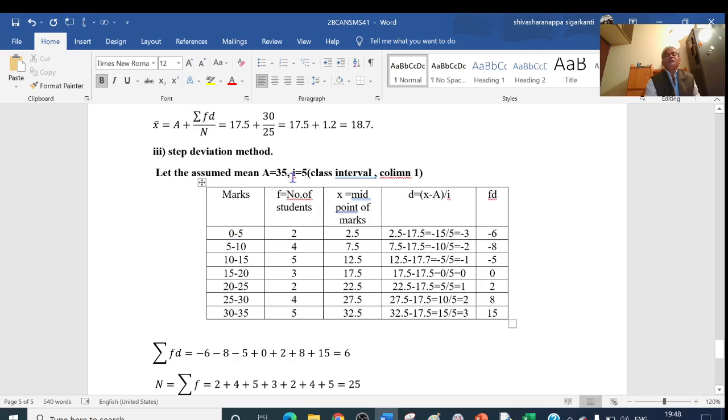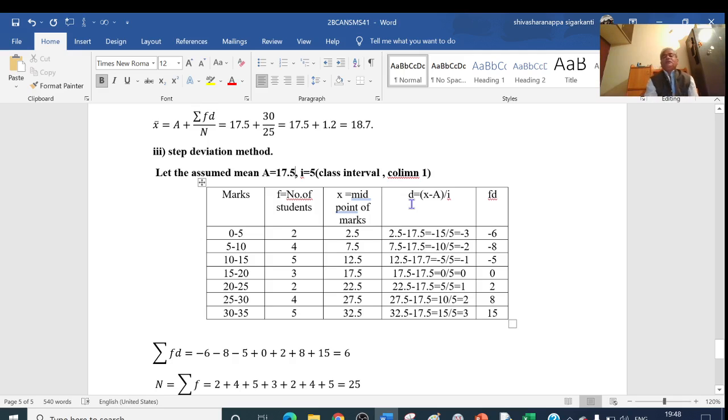Therefore I will take a equal to 17.5 and i equal to 5, the width of the interval.